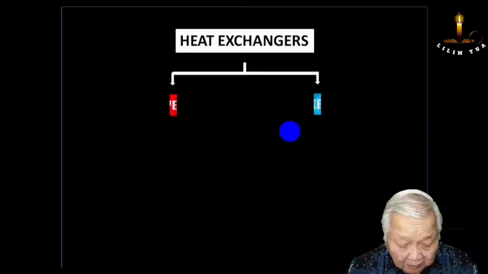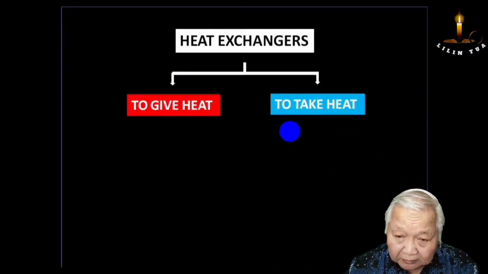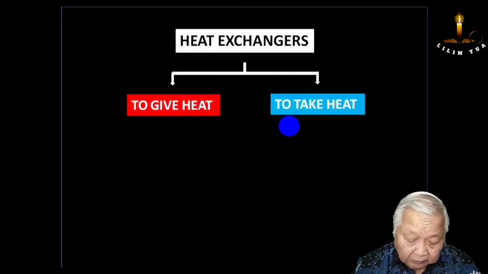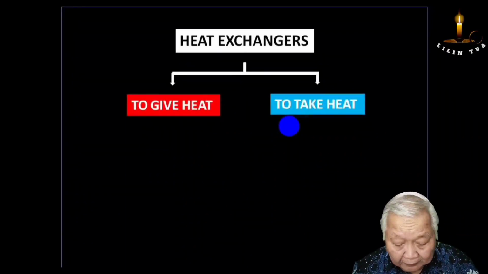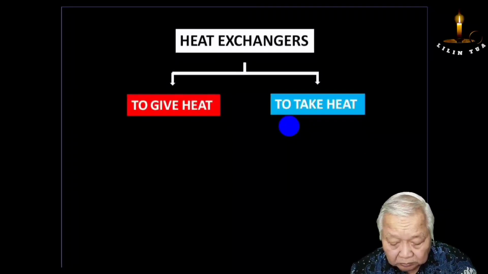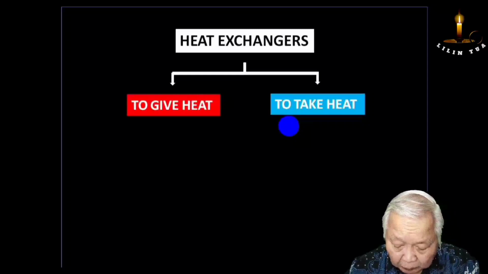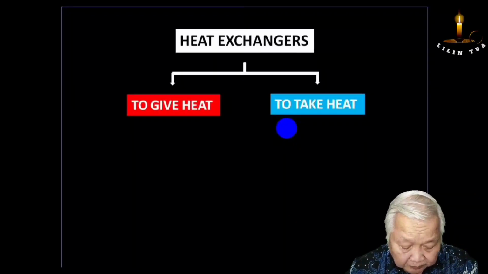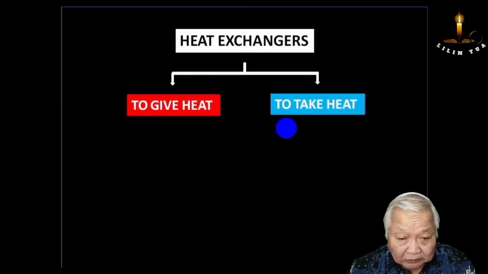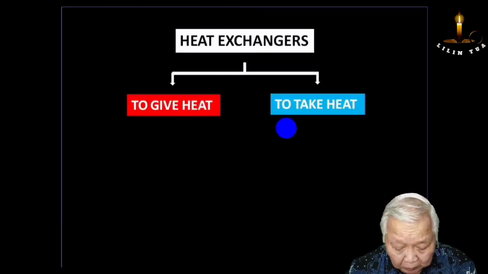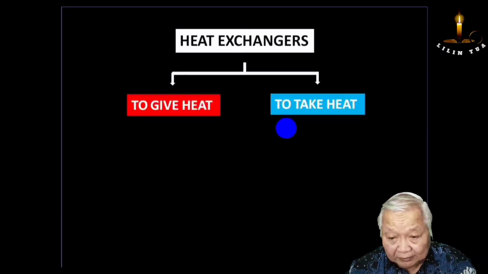From this diagram that we have understood at the meeting of part 1 and part 2, the heat exchanger, which is placed where the heat exchange process occurs, is categorized into two types: those that provide heat or give heat, and those that take heat.